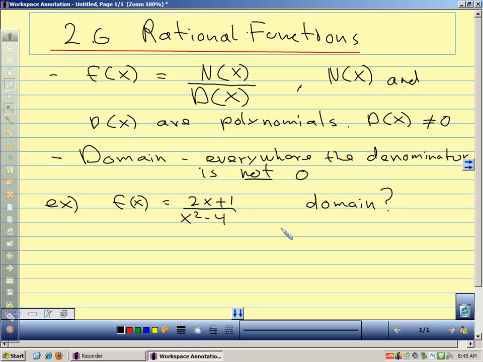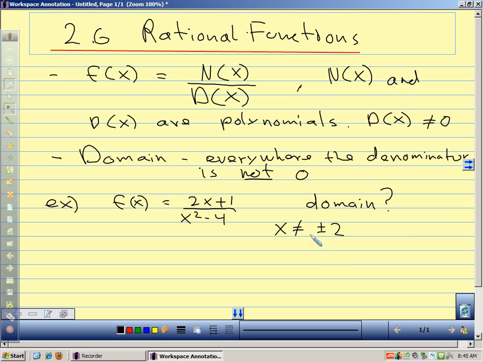So x can equal plus or minus 2. We have to leave plus or minus 2 out of the domain because that makes our denominator 0 and our function is undefined. So our domain would be all real numbers except plus or minus 2, or you could just say x cannot equal plus or minus 2.